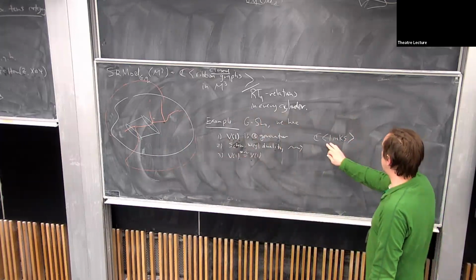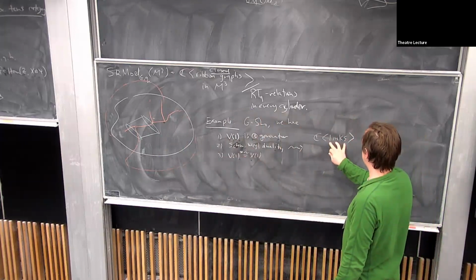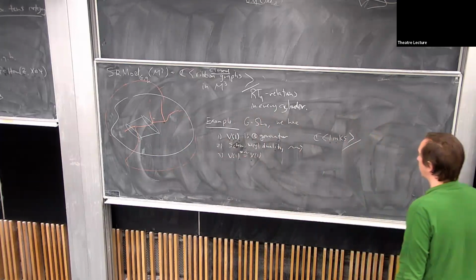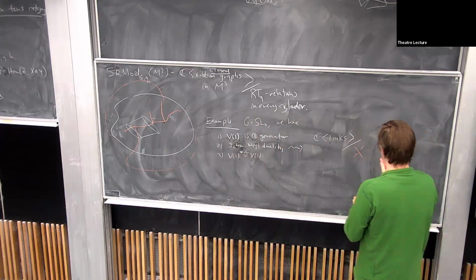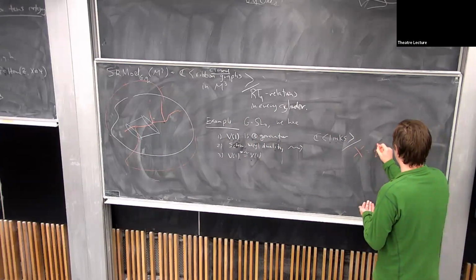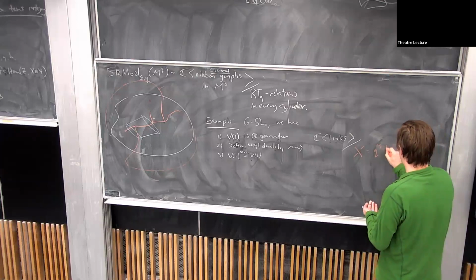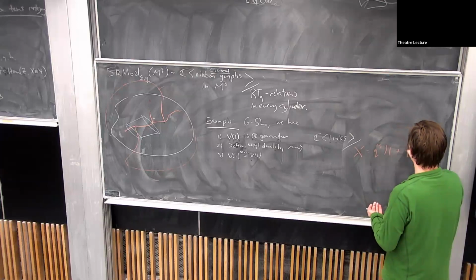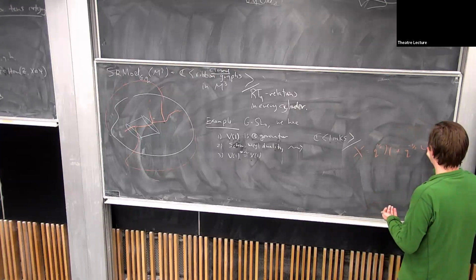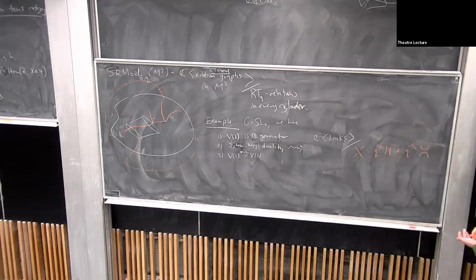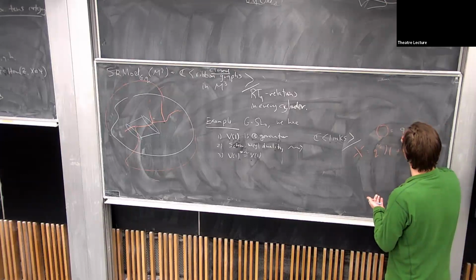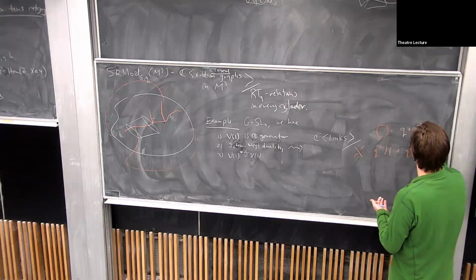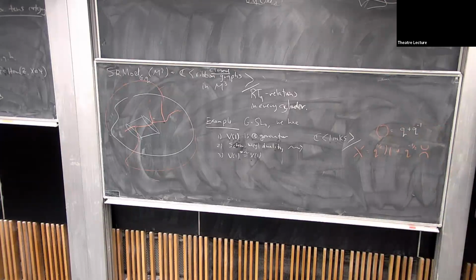And so then we just get the span of links modulo the Kauffman relations. So let's say that if I ever have a crossing, this is equal to q to the 1/2 times this, plus q to the -1/2 times this. And the unknot is equal to q plus q inverse. Those are the Kauffman relations.